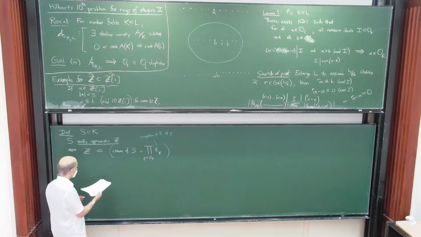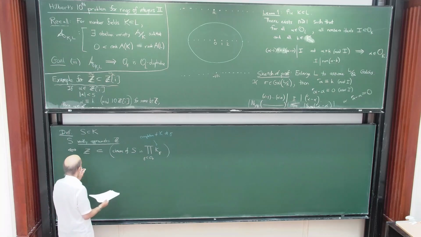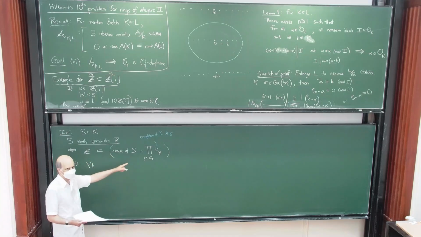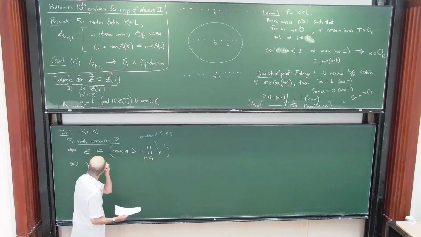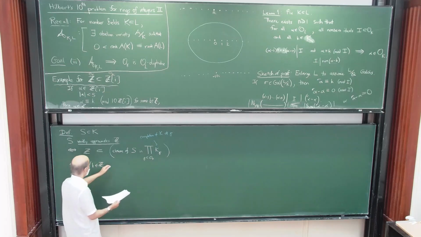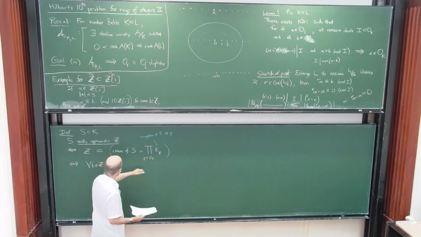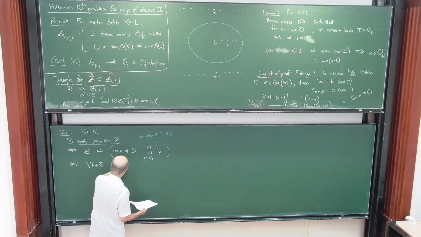So this is the same as saying that every integer is a limit of things in here. It's enough to say that for a finite set of primes, it's in the limit of things in the finite product.